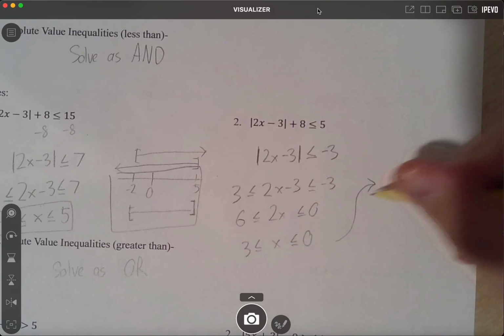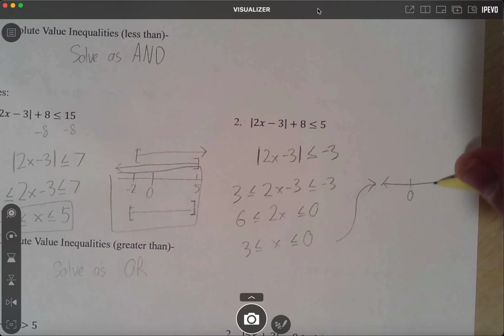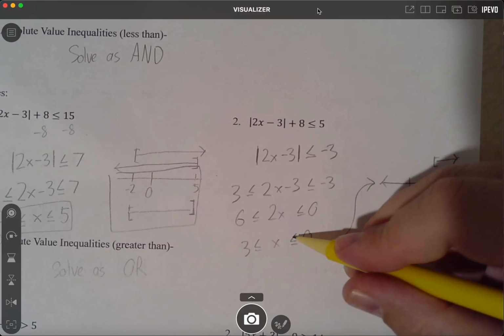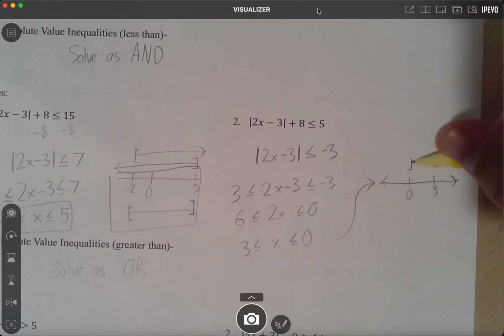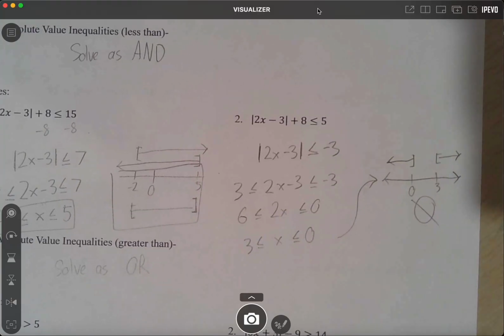Now let's draw this graph. Here's 0, here's 3. I can be greater than 3. I can be less than 0. Where do those overlap? Nowhere.